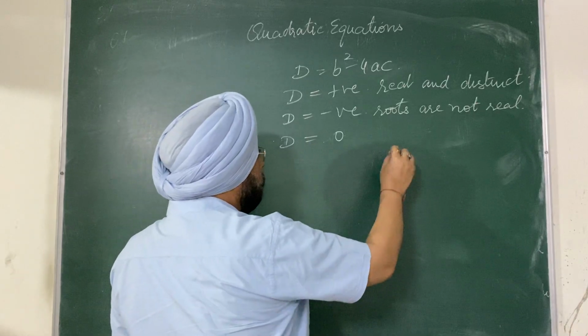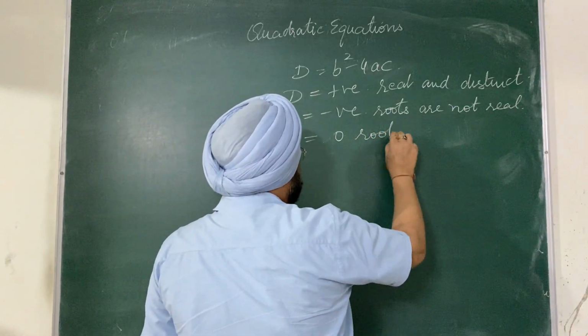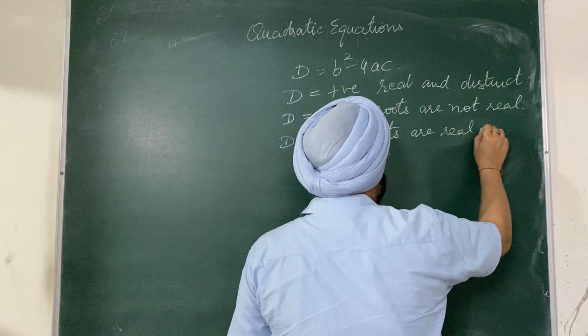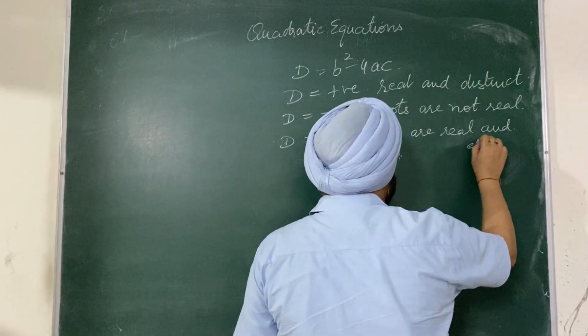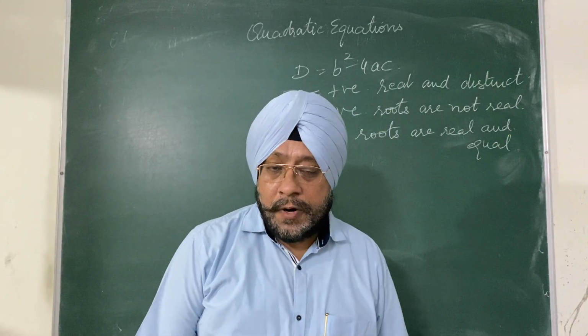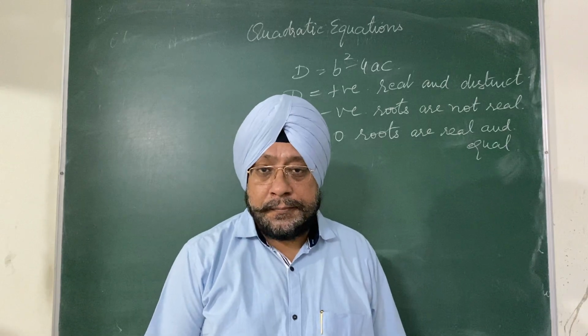If D is 0, then the roots are real and equal. Means we have two zeros, but both the zeros will be the same.